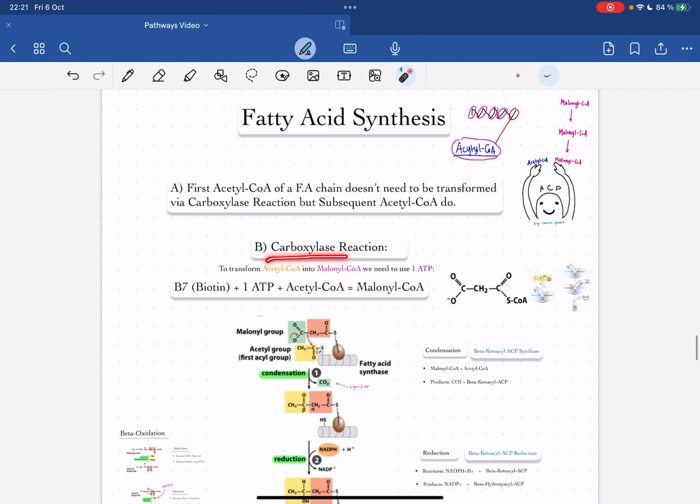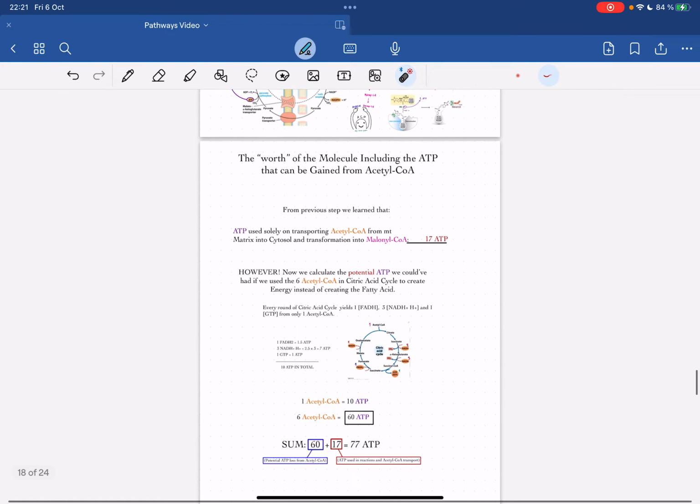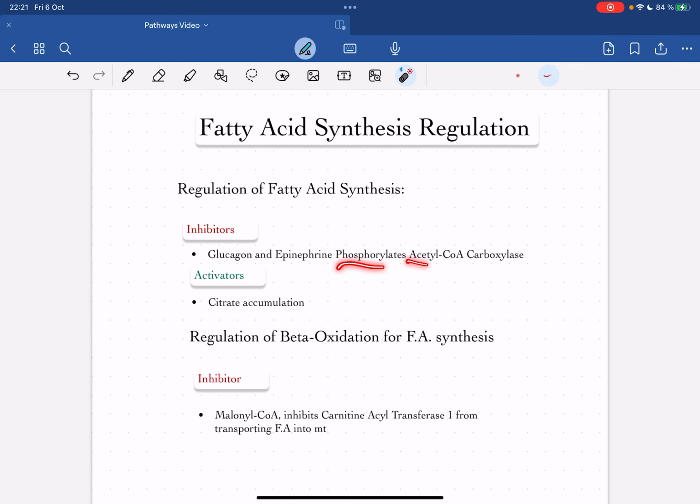It's of course the one in the carboxylase reaction. It's the one that transformed the acetyl-CoA into the malonyl-CoA. So the glucagon pretty much phosphorylates this acetyl-CoA carboxylase, which inhibits it, pretty much saying that the acetyl-CoA is not allowed to be transformed into the malonyl-CoA.